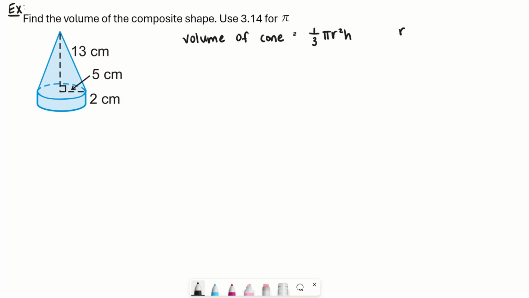I see that the radius is 5 and the height of the cone is 13. So now I will replace the radius with 5 and the height with 13. I'm also going to replace pi with 3.14 because in this case we are approximating.